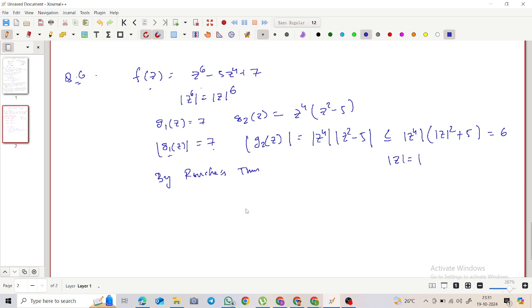Then for the next options, one thing is clear, right? If you take g1 z as z to the power 6, and g2 z as the rest.